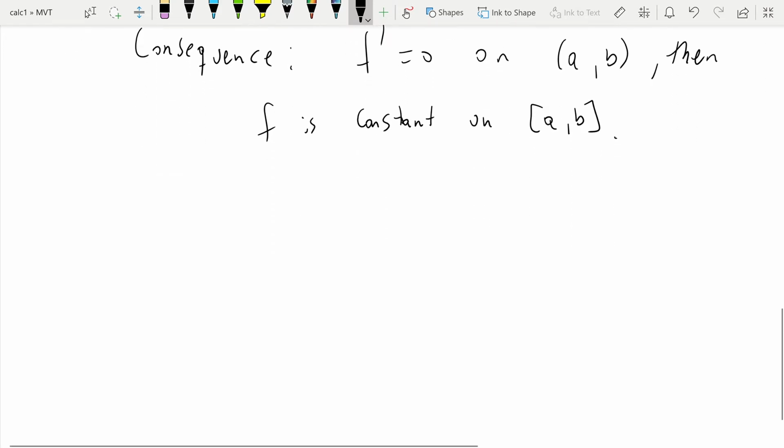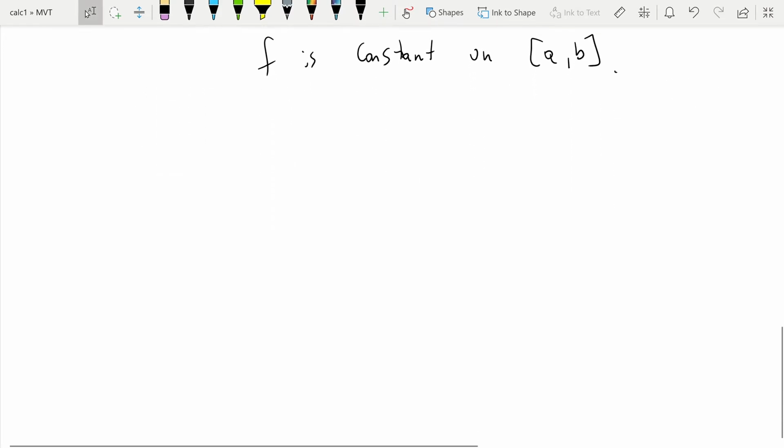So again, questions arising from the mean value theorem involve the same kind of thing as for Rolle's theorem.